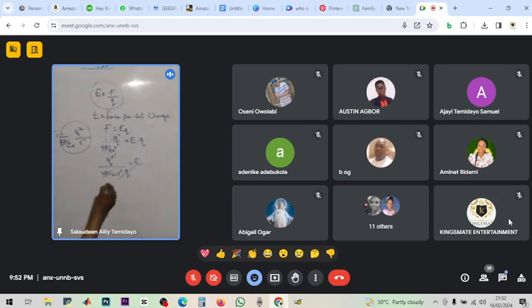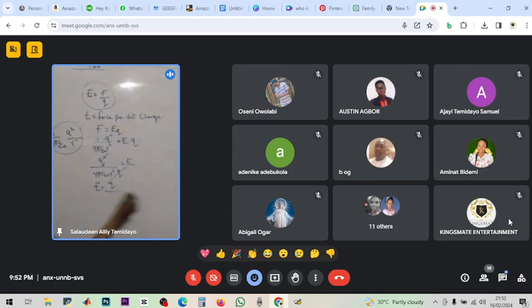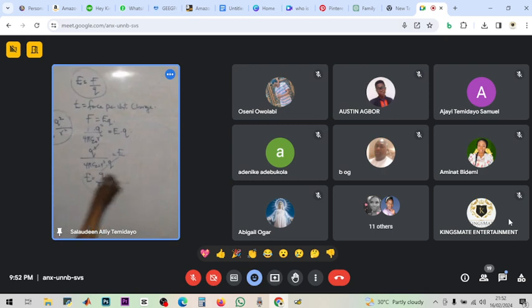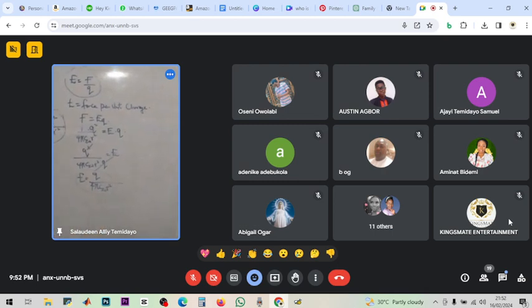Q cancels one Q from the square. So E, which is electric field intensity, equals Q over 4 pi epsilon naught R squared. This is the formula for electric field. I just showed you how it's been derived.